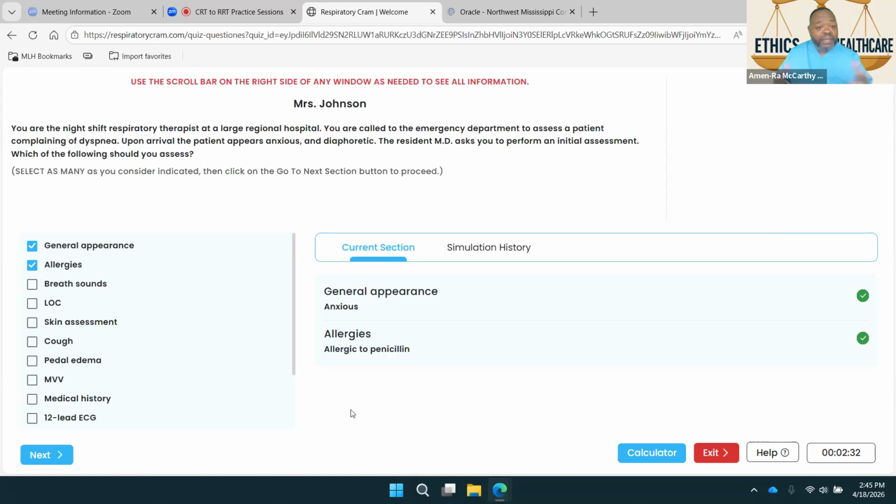You could be giving a lot of different meds. You need to know what the patient is allergic to, okay? So part of the initial, and I know you say, well, that's not really the respiratory, but in the initial assessment, you see the NBRC wants you to see if they have allergies, okay? So that's important because they're allergic to penicillin. That's something good to know if we have to give an antibiotic or something, right?